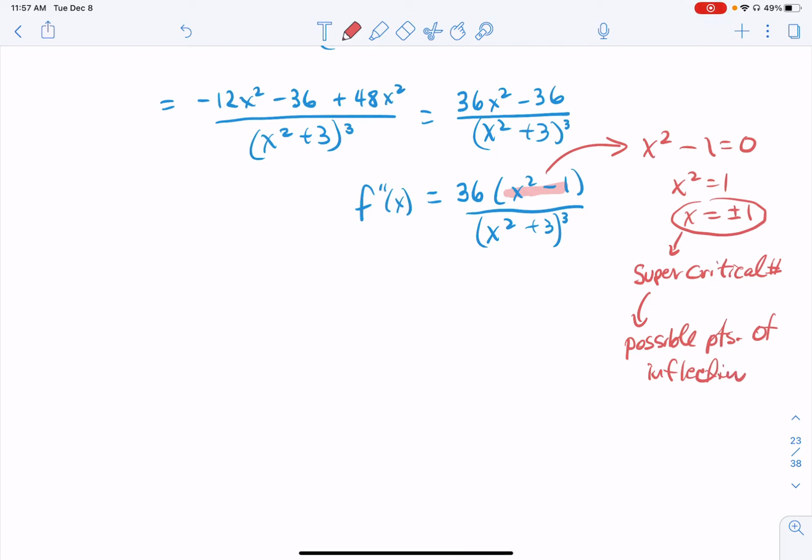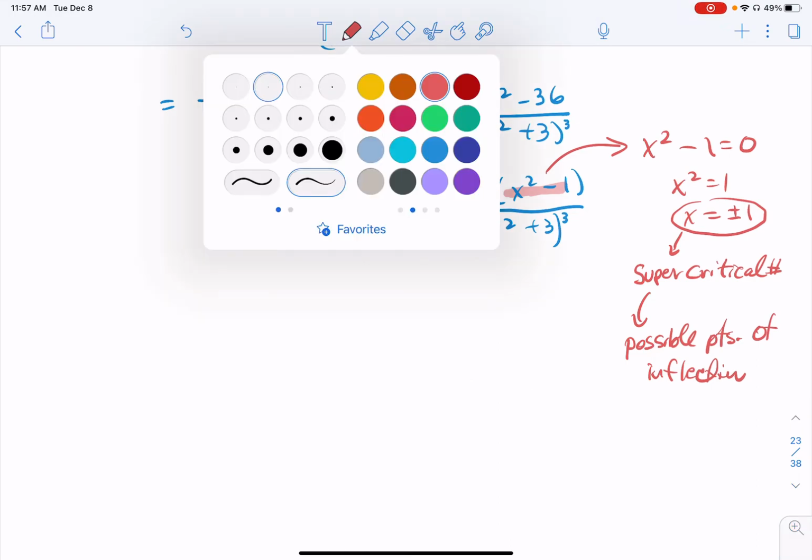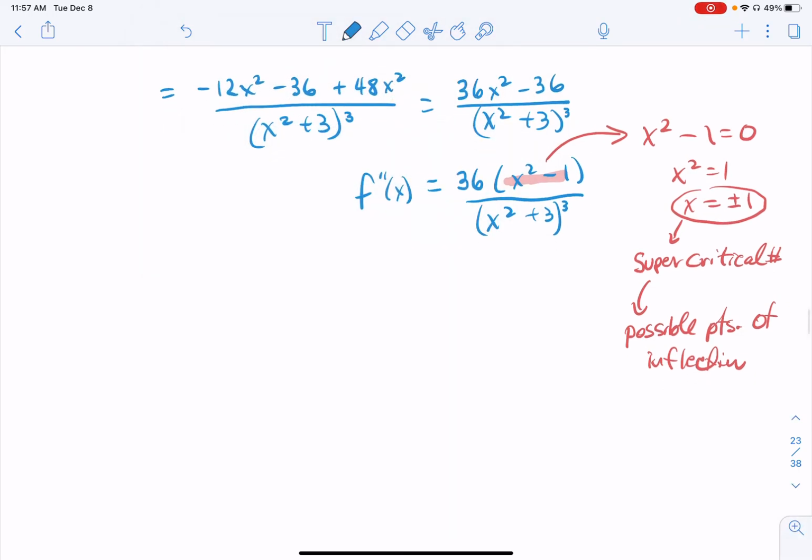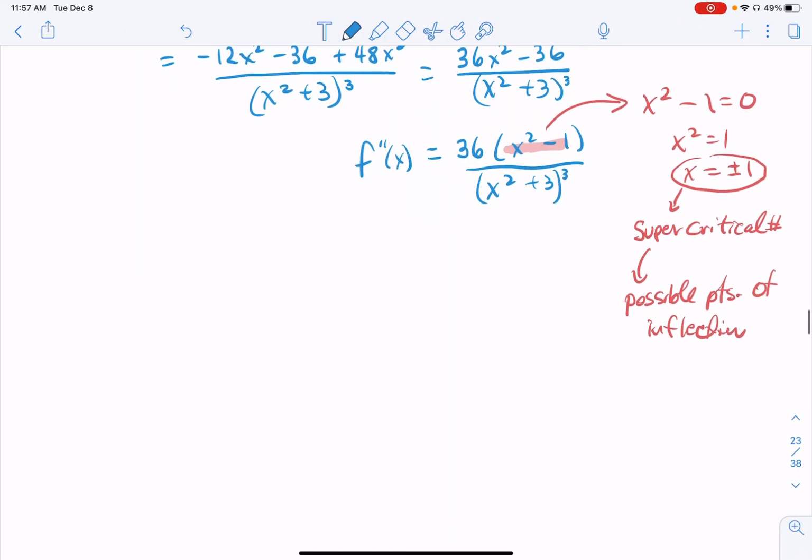So what we want to do is set ourselves up a table with a sign chart and just figure out whether the second derivative is either positive or negative in each one of these intervals. And what intervals am I going to start with? We're going to take the domain, and we said the domain was all real numbers. I'm going to break it up with these supercritical numbers.